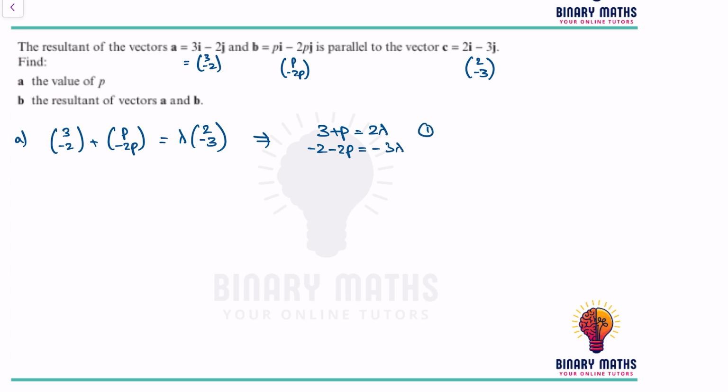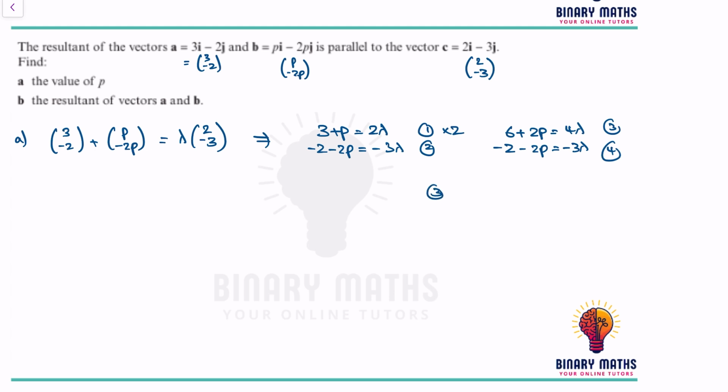So if we call this equation 1, equation 2, if I try to eliminate the P, I need to multiply equation 1 by 2, which means I get 6 plus 2P is equal to 4 lambda, and minus 2P is equal to minus 3 lambda.